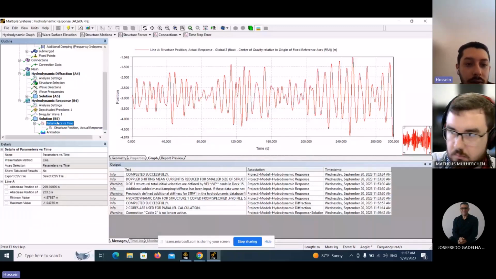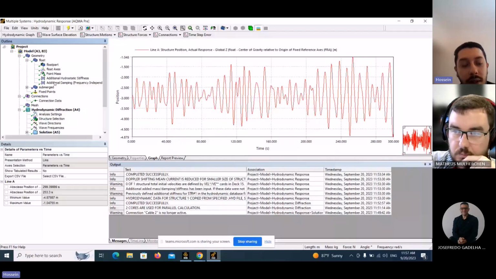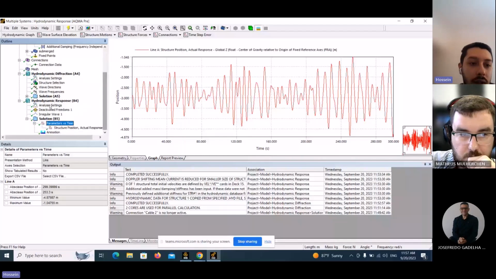But again, if you want to have other ways of modeling the PTO, you don't have to model the stiffness and the damping coefficients. You just need the hydrodynamic diffraction analysis, I mean the frequency domain analysis.